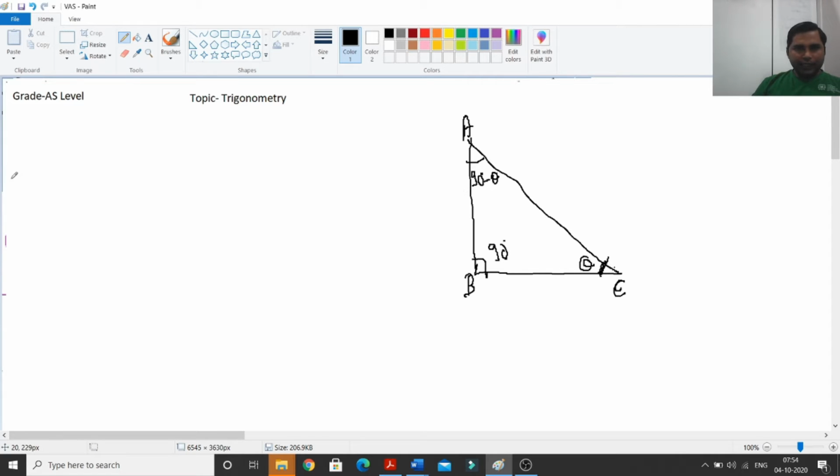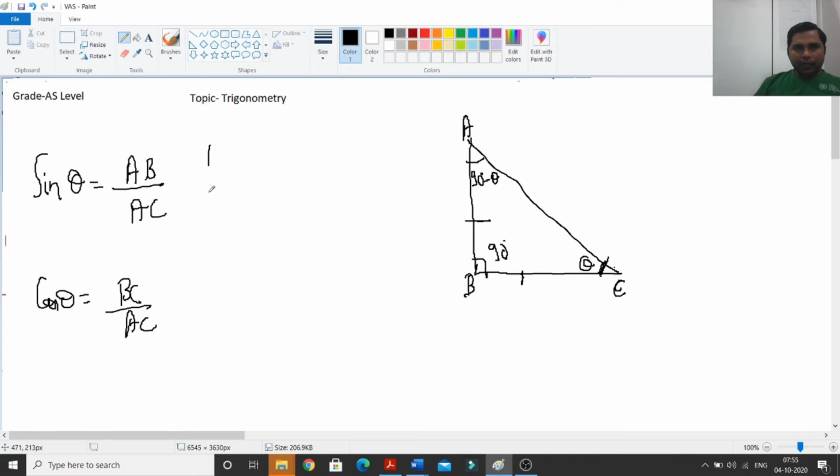So if you write sine theta from here, the sine theta will be opposite over hypotenuse, which is AB over AC, right? And cos theta will be adjacent over hypotenuse, which is BC over AC, right?